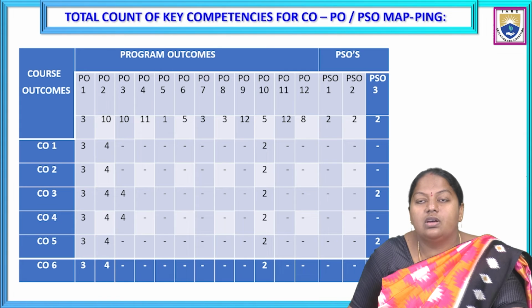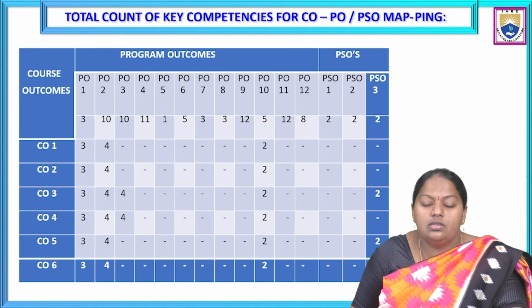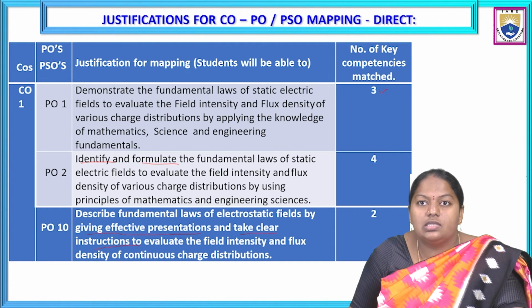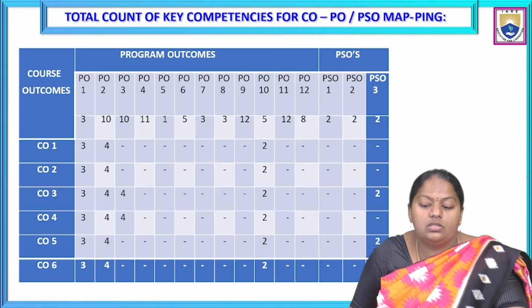With the help of this, advanced types of communications like antennas are to be implemented. That's why PSO3 I have chosen, and whatever the key competencies which I have considered for the justification case, I'm mapping here, and the count can be considered like this.